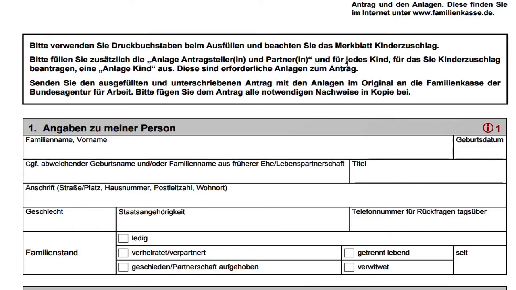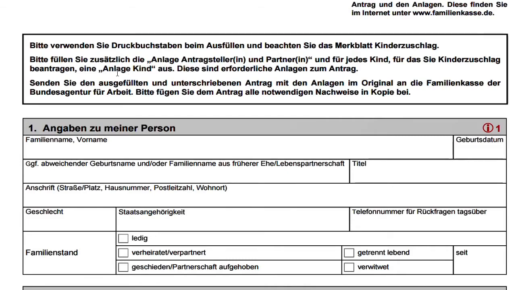And for each child for whom you apply for child allowance, you should fill in the attachment Child or Anlage Kind, because these are the necessary attachments to this application. I'm going to explain how you can fill in these attachments in my upcoming videos.